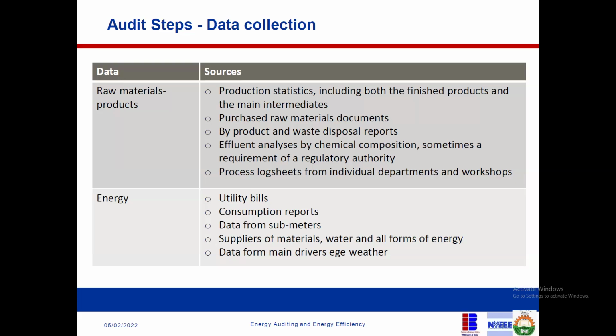So you need to collect data from the material section. Then after the material section, you collect data from the energy section. The data from the energy section will include utility bills, consumption reports, data from your submeters, suppliers, and then all forms of energy.